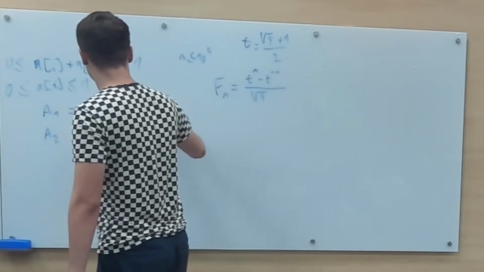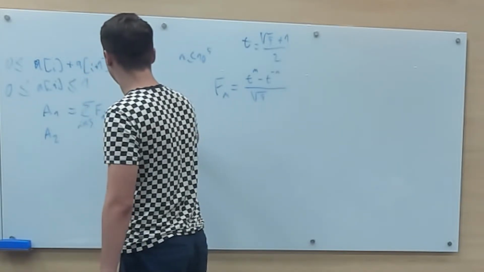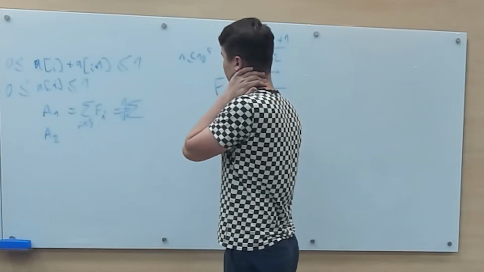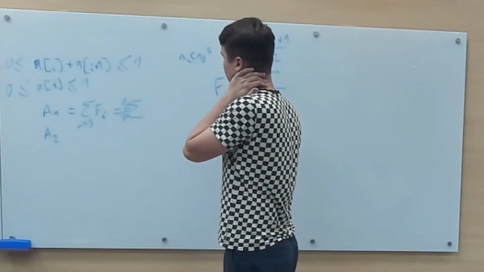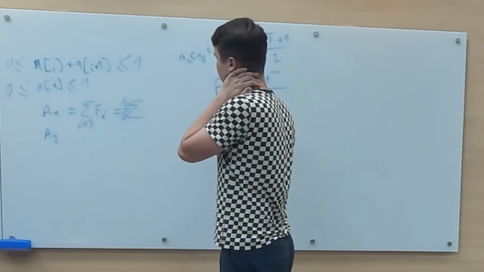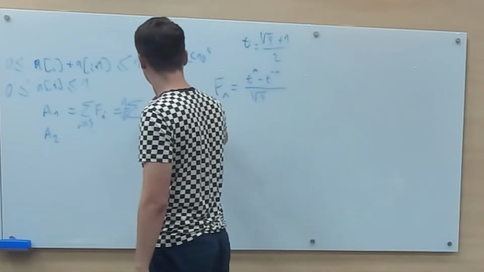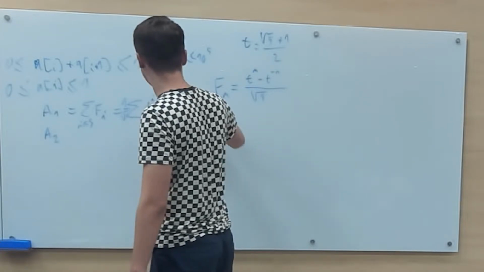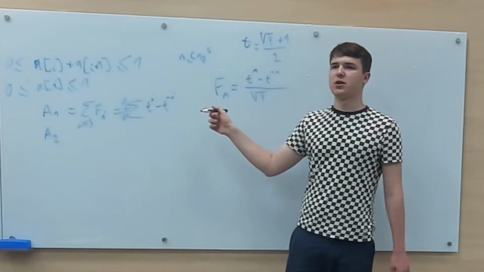So this means it's 1 divided by square root of 5 times t to the power of i minus t to the power of minus i. Right? Is this transition clear?